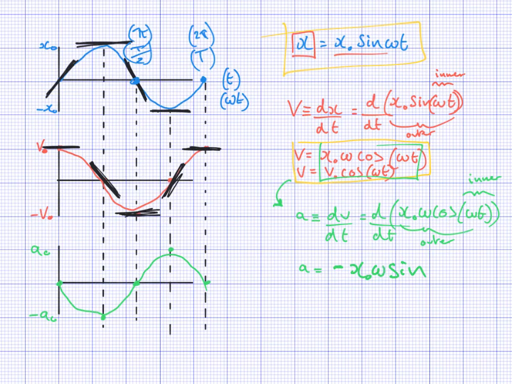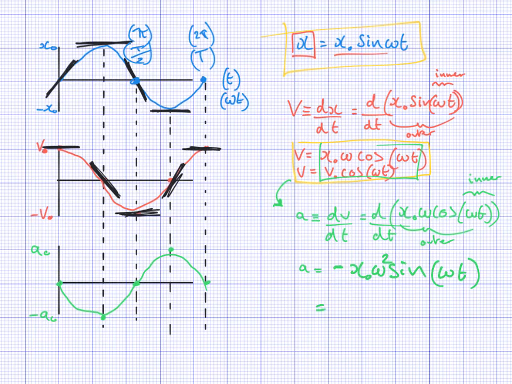Now, I also have the function omega t, which has to go through differentiation as well, which ends up being omega again. So this gives me a little square sign over my omega. So the acceleration is negative x naught omega squared sine omega t.